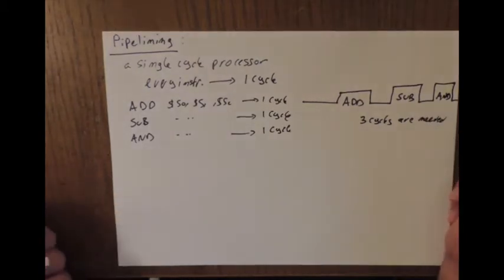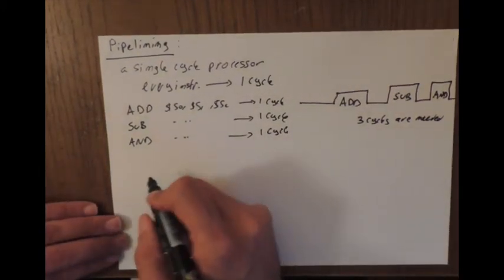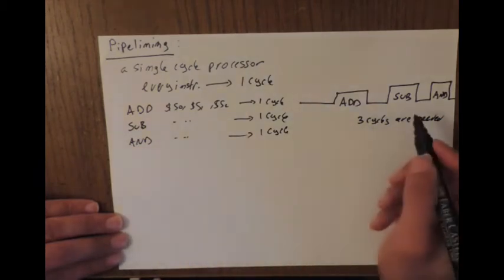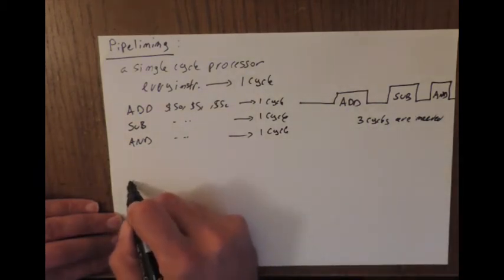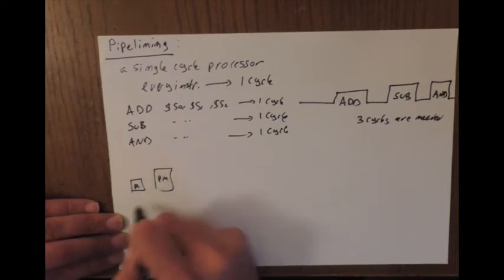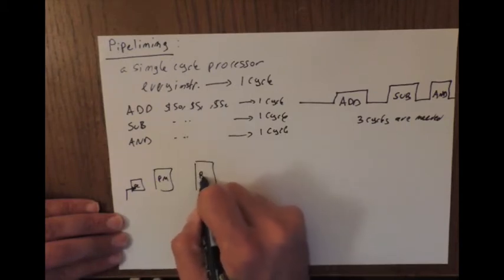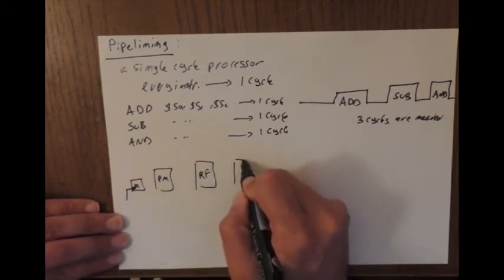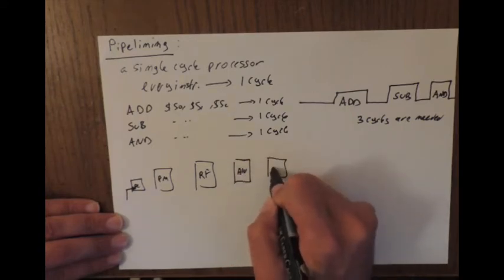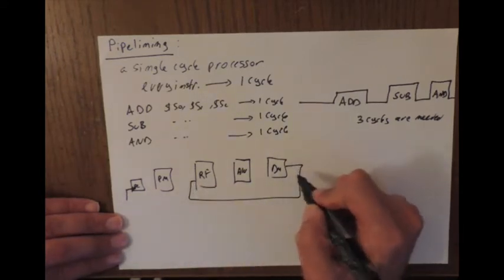So if we take a look at the data path, we see that we have a lot of components which are left doing nothing where we're doing the add. So remember, we have the PC, the program memory, PC has the clock, and then we have the register file and the ALU, we have the data memory, and we have the writing back.